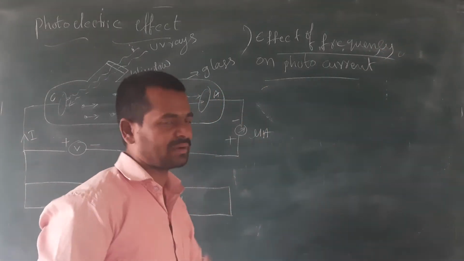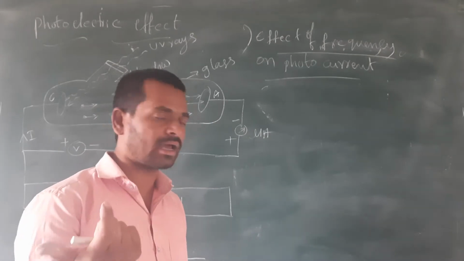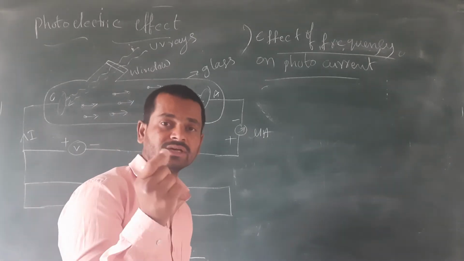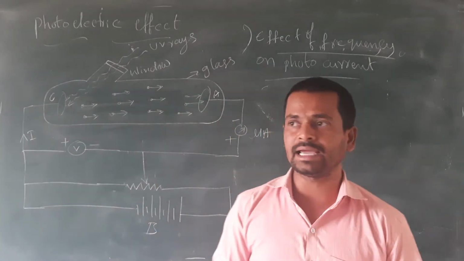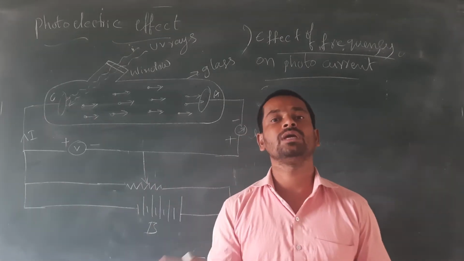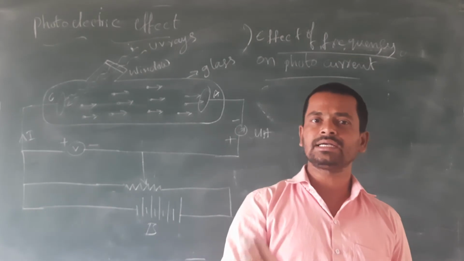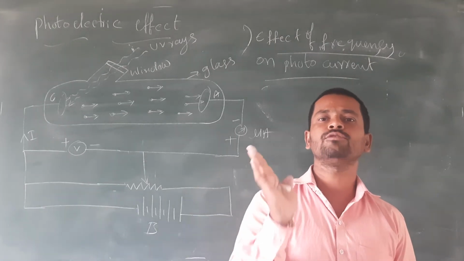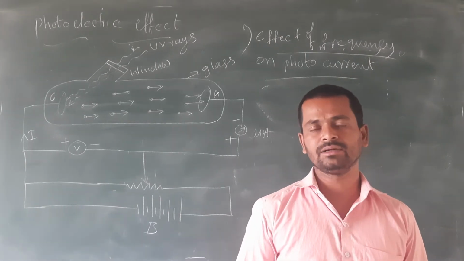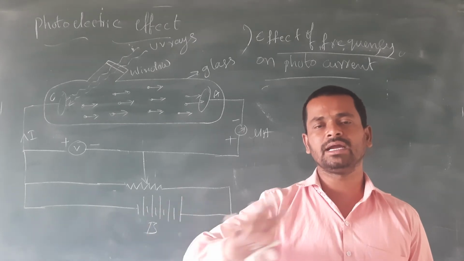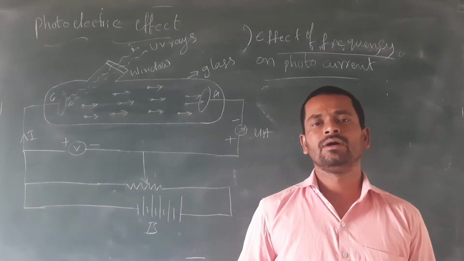So how does it depend? If you change the frequency, what happens? If you change the frequency of the incident light, the photocurrent does not change. That means photocurrent does not depend on frequency. Photocurrent cannot depend on frequency.